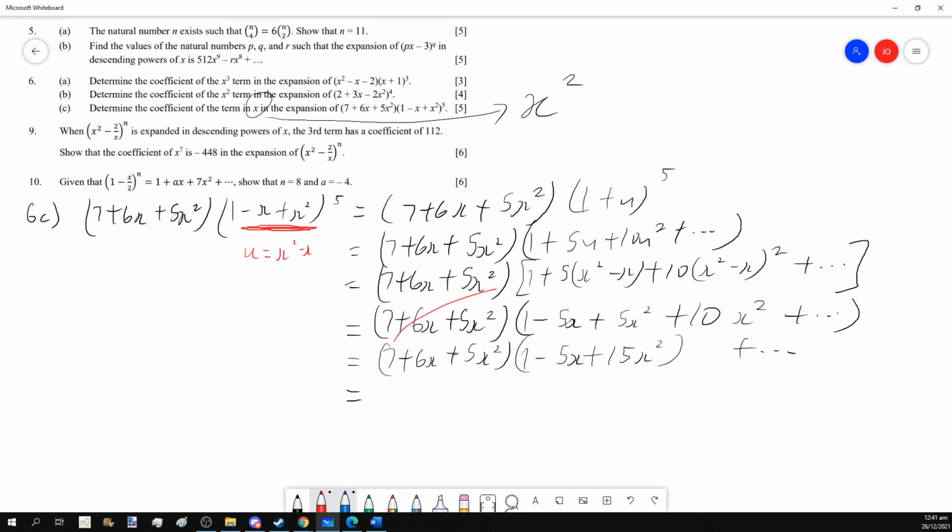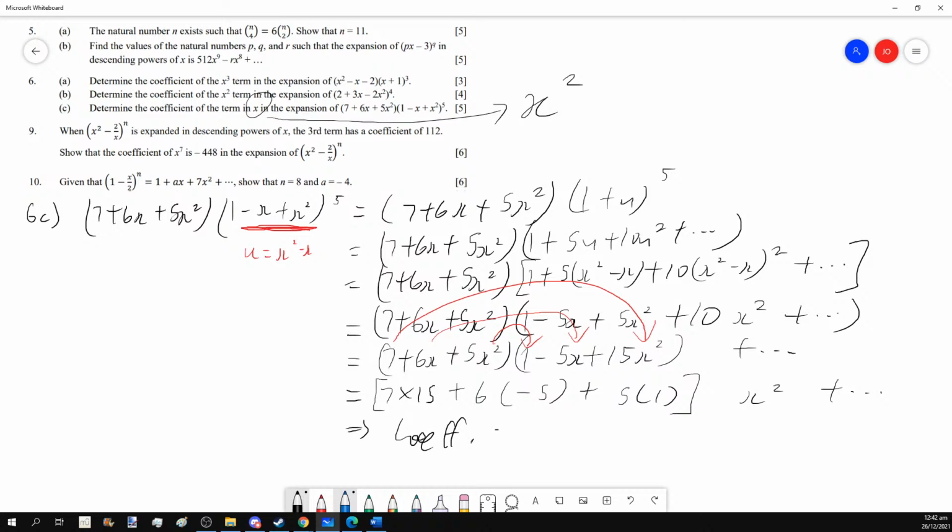I think this one is quite simple. You can go this way, or you can go that way, or you can go this way. A nice little rainbow expansion. So the coefficient will be 7 times 15, let's see, plus 6 times negative 5, plus 5 times 1. And this implies that the coefficient will be equal to, and then from here you can just feed it into your calculator. You should get a total of 80. Right? Pretty straightforward, all things considered.